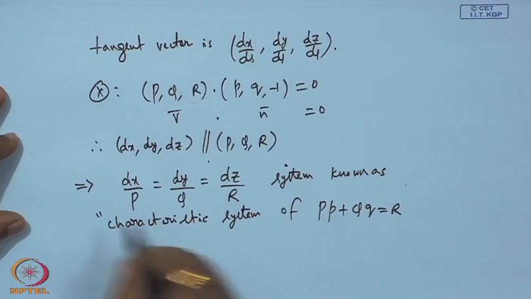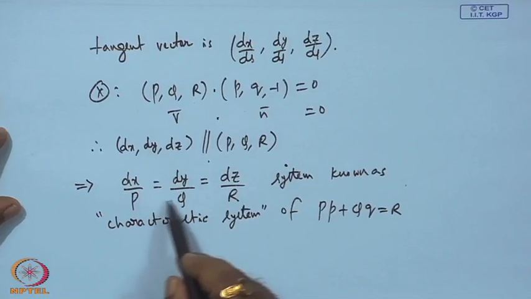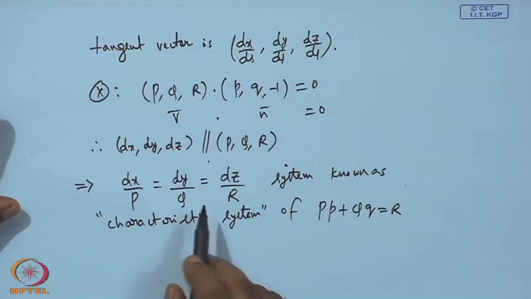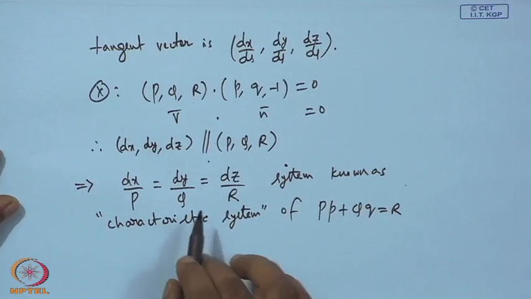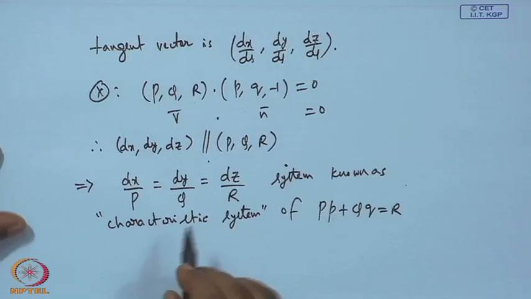So, this is known as the characteristic system of PDE. And what will be the solution of this? Obviously, if you take these two and solve, you may get one, and take these two or take these two. So, depending on that, however, you get a 2 parameter family of curves.